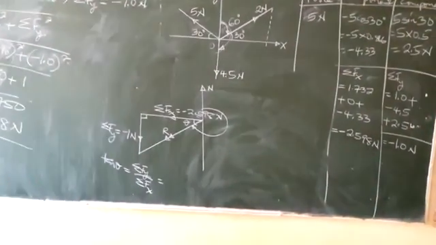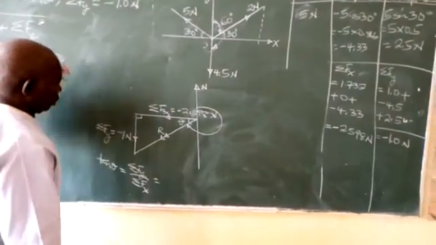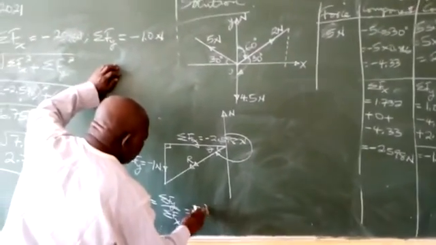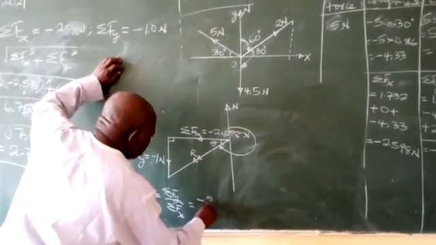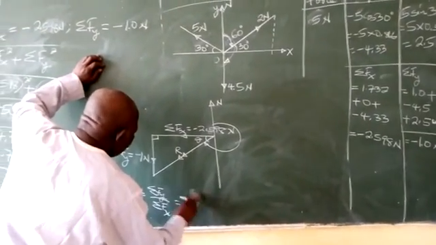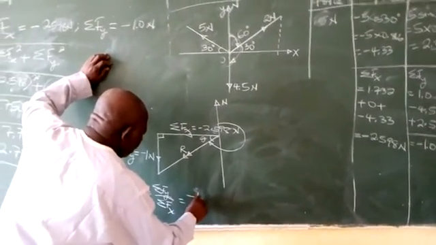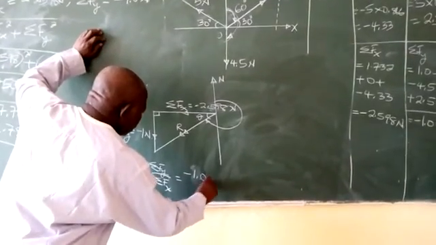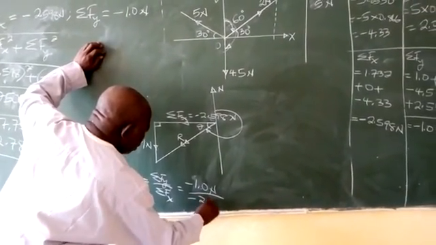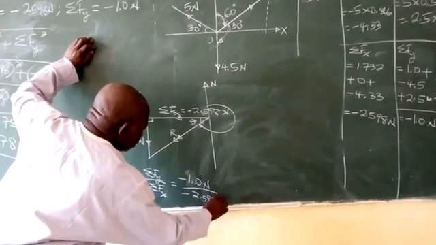That is minus 1.0 Newton over minus 2.598 Newton.